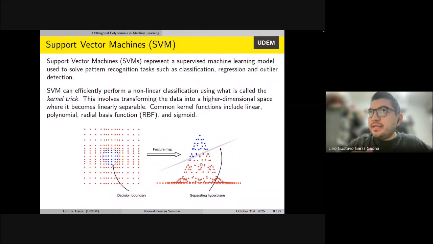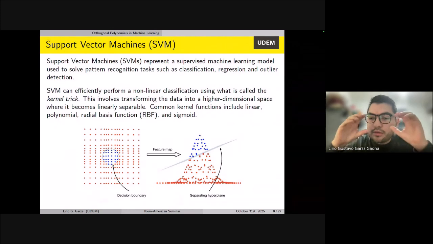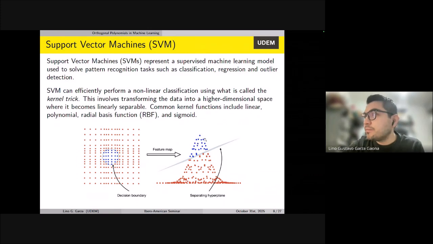The kernel trick is that you can obtain the same results by using this kernel function, where you construct a Gram matrix, which is a symmetric matrix, and you evaluate the kernels, and those evaluations give you this distribution, or these values, let's say.